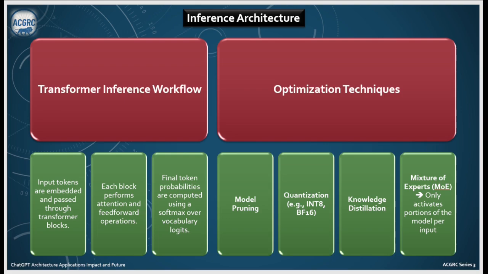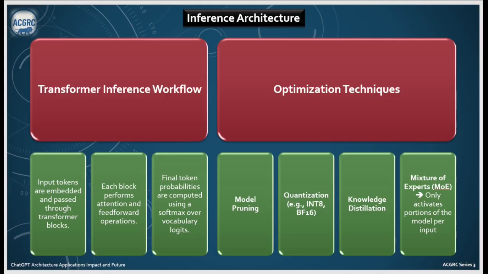Caching, remembering what was already calculated, so ChatGPT doesn't repeat work again and again. Parallelism is about splitting work across many processors at once, like many cooks working together in a big kitchen to make food faster.